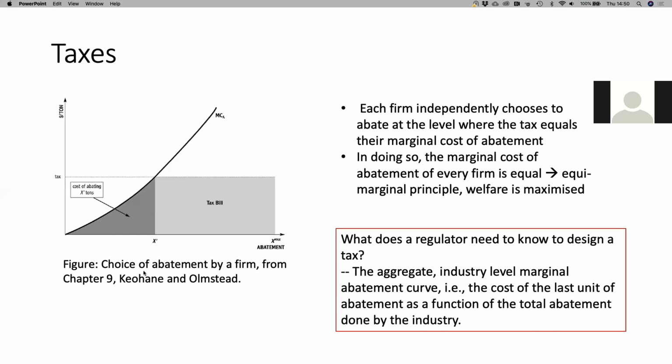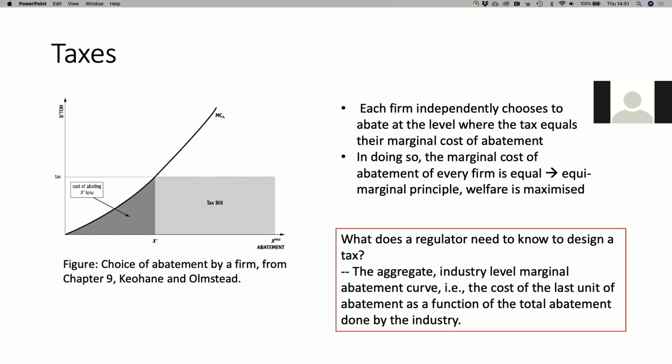So it makes sense for him to abate more, because his cost at this point is still lower than his tax. This changes only when the cost of his abatement exceeds the tax, so he will abate up to the point where the tax is lower than the cost of his abatement.